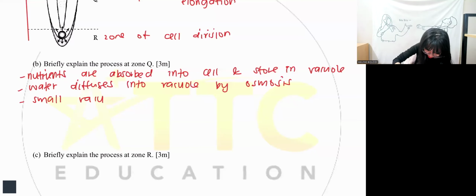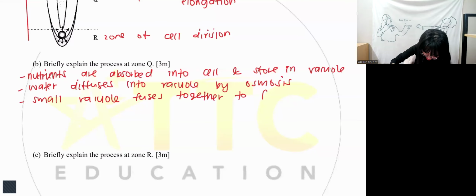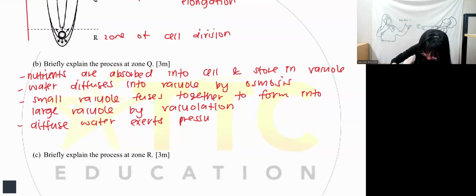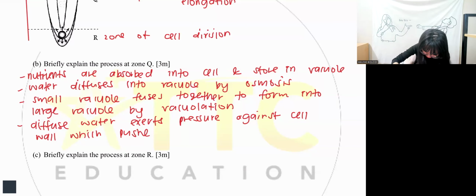Third sentence, small vacuoles fuse together to form into large vacuole by vacuolation. Last one, diffused water exerts pressure against cell wall, which pushes and widens the cell.